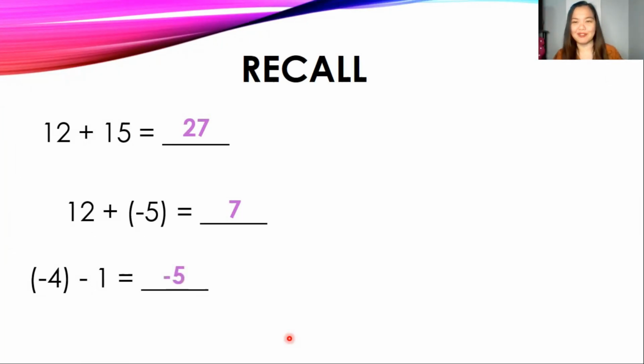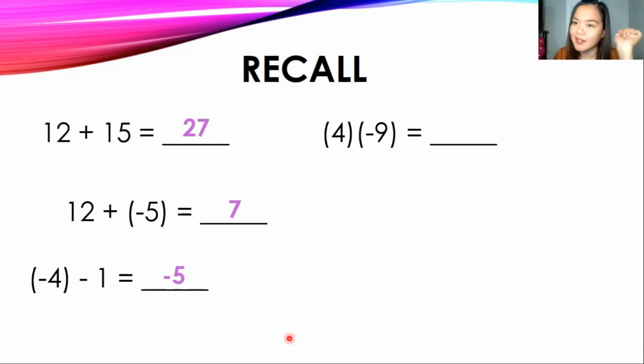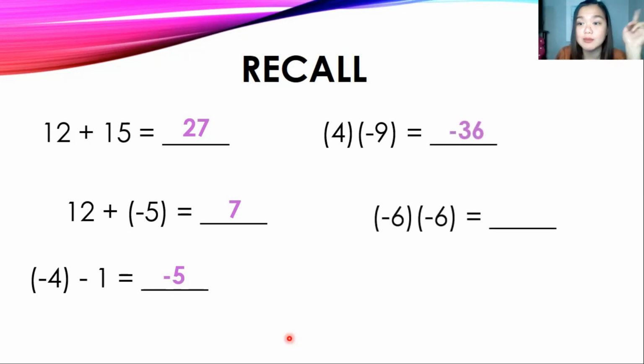Correct. It's negative 5. How about if you have the multiplication? They have unlike signs. So you have 4 times negative 9, negative 36. Correct. How about if you have negative 6 times negative 6? They have the same sign. Positive 36. Correct, sis.